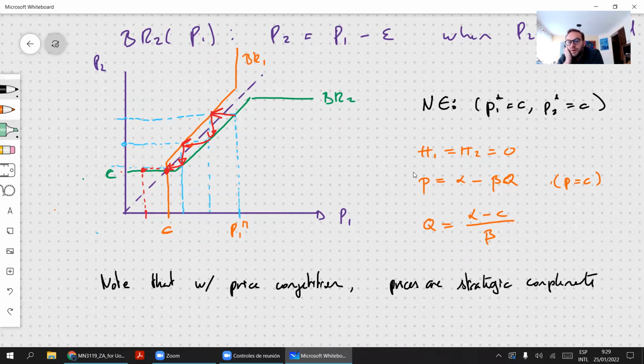Therefore, if my competitor decreases its prices, I'm going to decrease my prices as well. If he or she increased their prices, I would do the same, but obviously it's never in the best interest, right? It's never a best response to increase prices. But what is important is that prices are moving together, they're moving downward together, so they are called strategic complements.